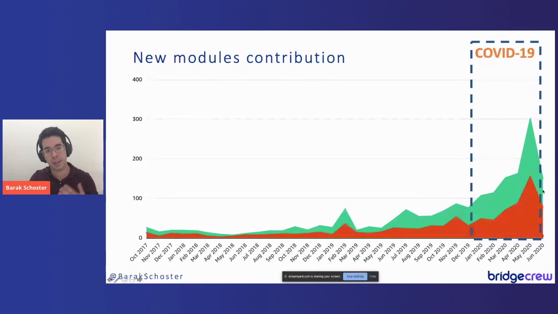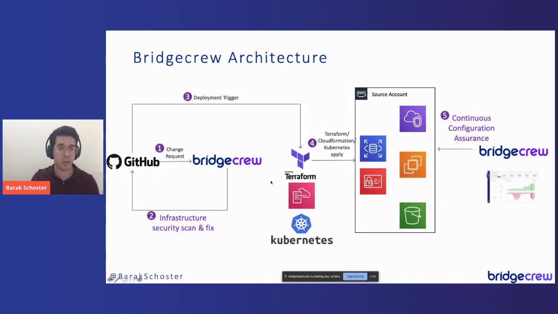So how can we solve those misconfigurations, detect them, and fix them? This is why we started Bridgecrew. Bridgecrew can track every change in your infrastructure code, from the change request that you've created in your GitHub or GitLab account, to a scan, a fix, and then only after the fix is applied or a scan is approved and not rejected due to security reasons, a new set of resources can be provisioned into your cloud environment.